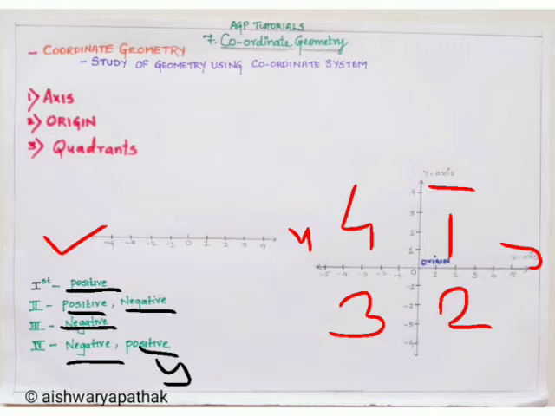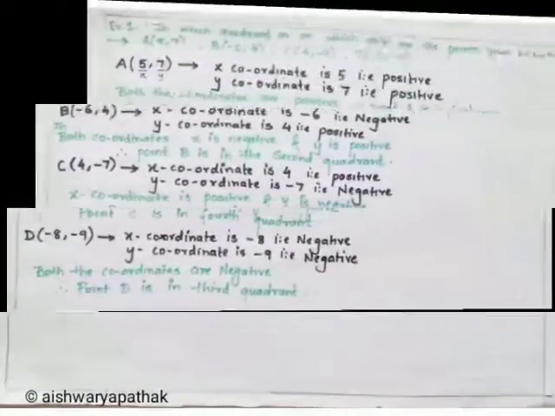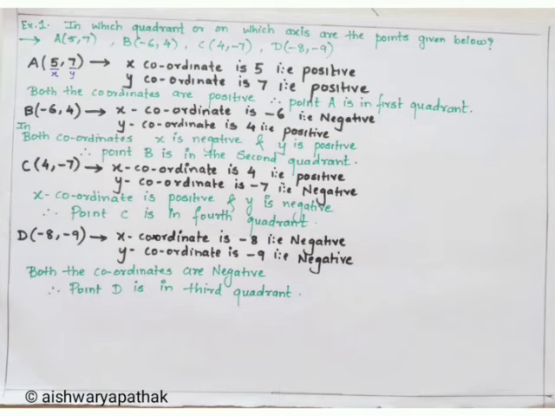Now the next example is based on this only. Here is example 1. In which quadrant or on which axis are the points given below? There are some given coordinate points, and we have to classify them into the quadrants and the axes also.